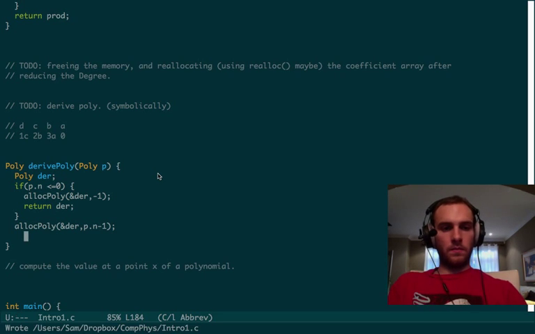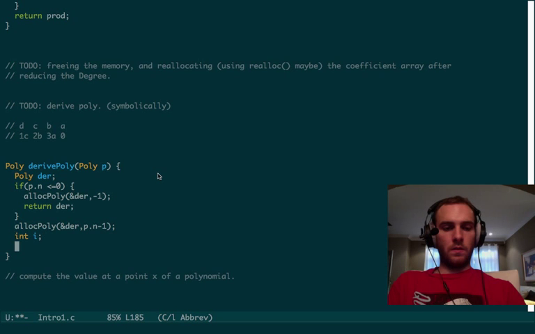And then for I equals 0, I smaller or equal to dir dot n, I plus plus.